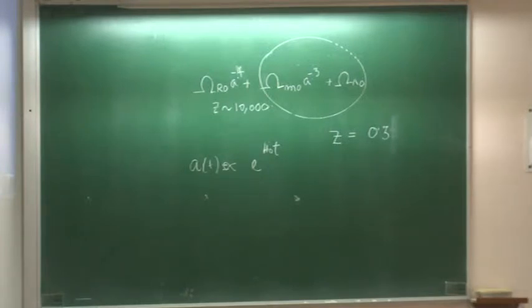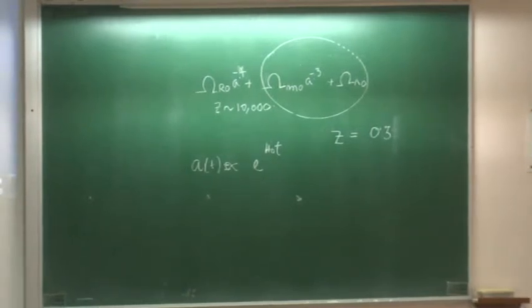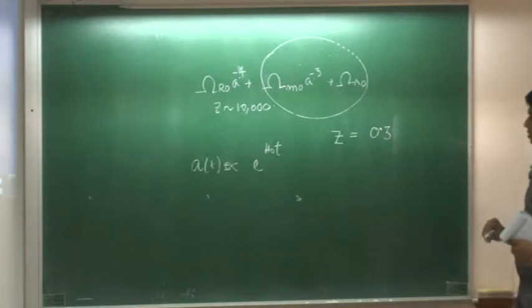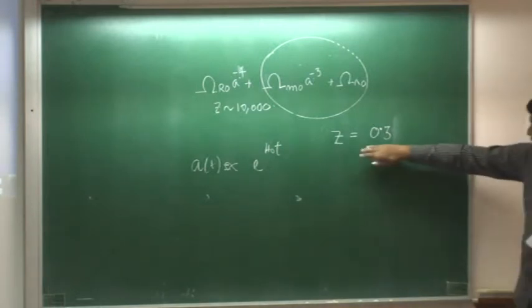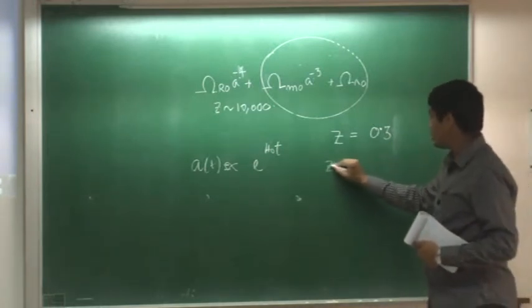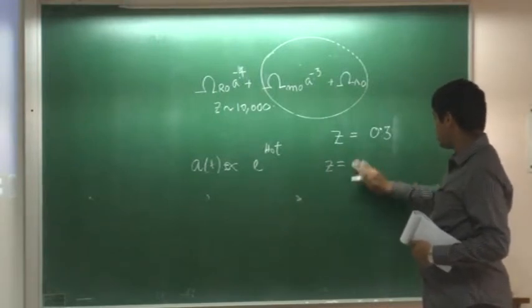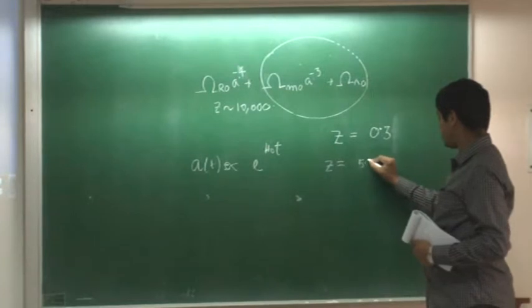So your density contrast delta will keep on growing. That is your D plus, or the D as a function of t that Dick has been telling you. Right? Now assume that the z was not 0.3, but say the z was like, say, 5,000.